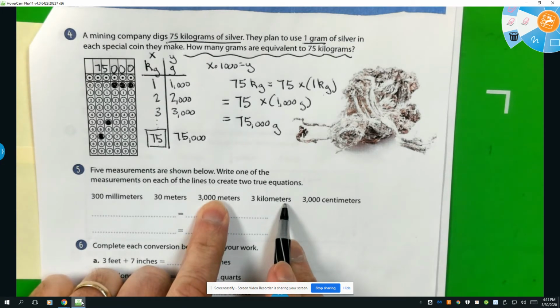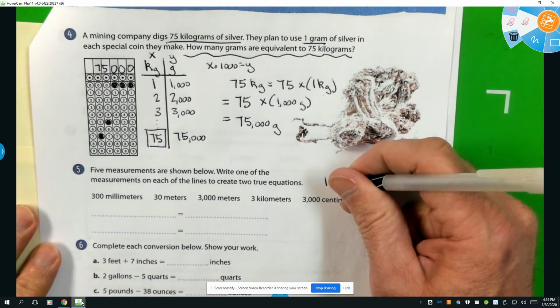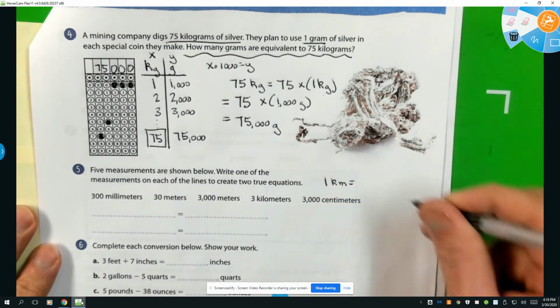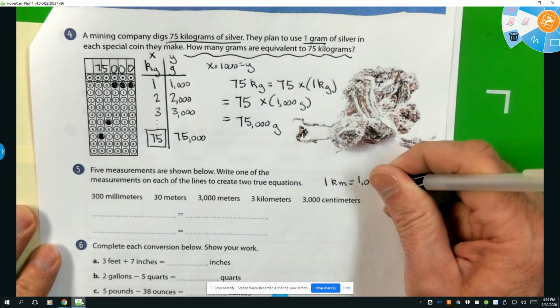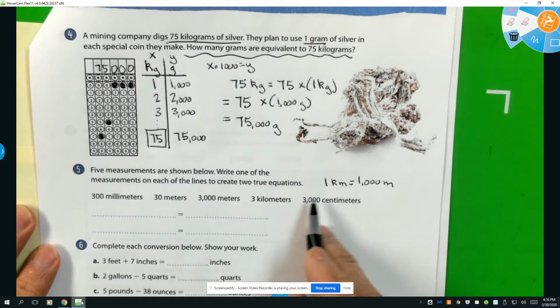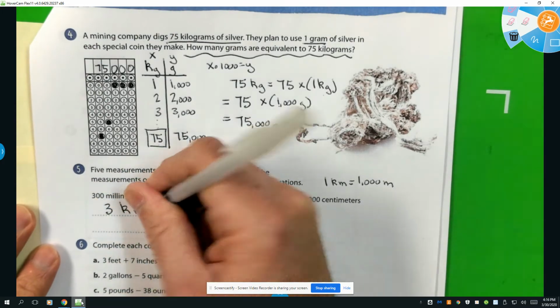I know that without a doubt. So remember, we can say 1 kilometer equals 1,000 meters. I know that 3 kilometers would equal 3,000 meters.